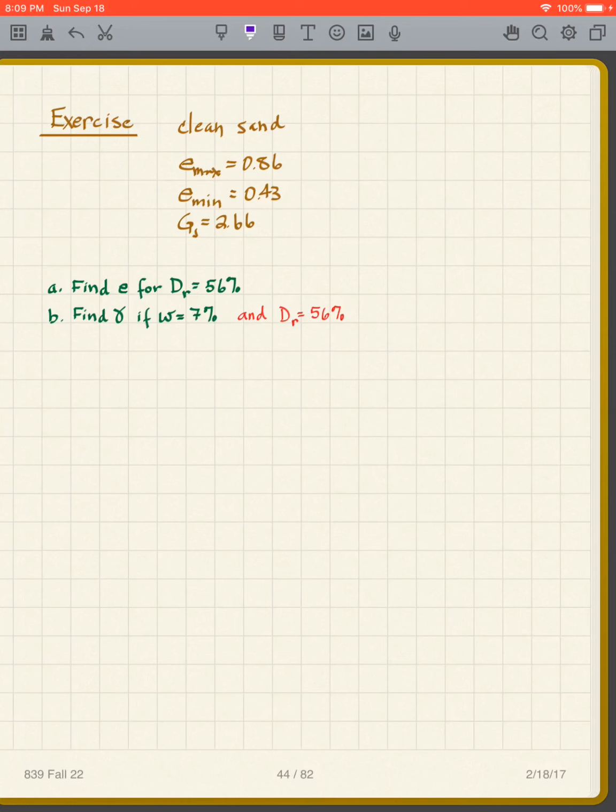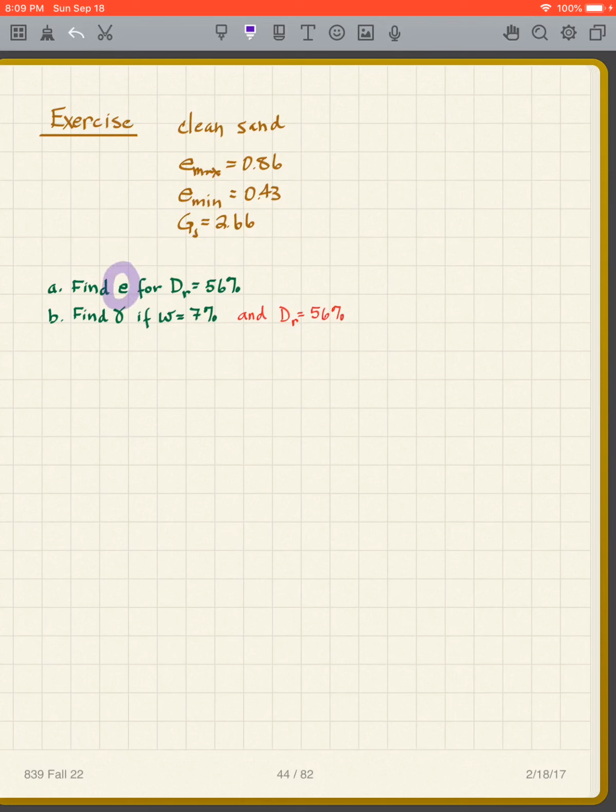Okay, so suppose we have a clean sand. Clean sand means not many fines. And for our particular soil, we've done a lab test. We found E max of 0.86, an E min of 0.43, and we have a GS of 2.66.